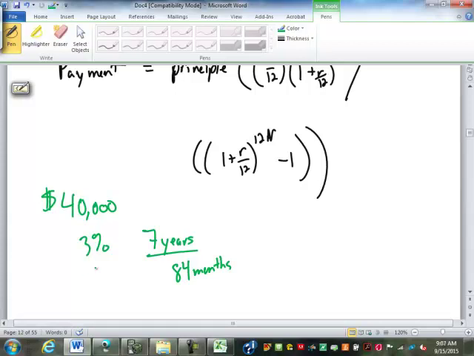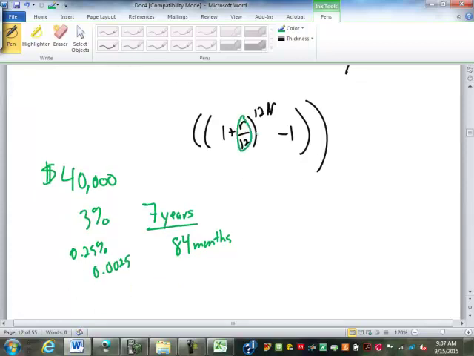3% divided by 12 is going to be 1/4% or 0.25%, or 0.0025 as a rate. That's my rate divided by 12 here.